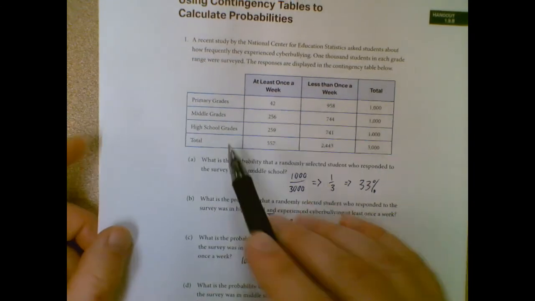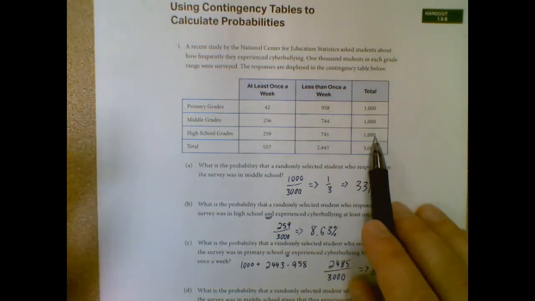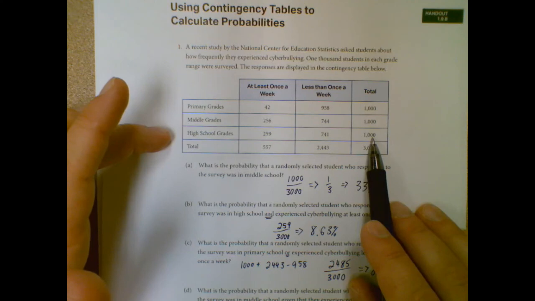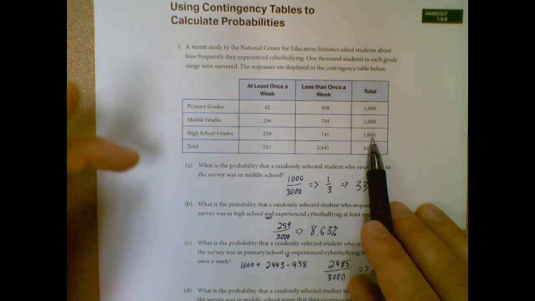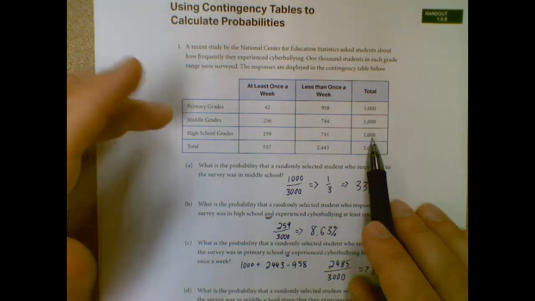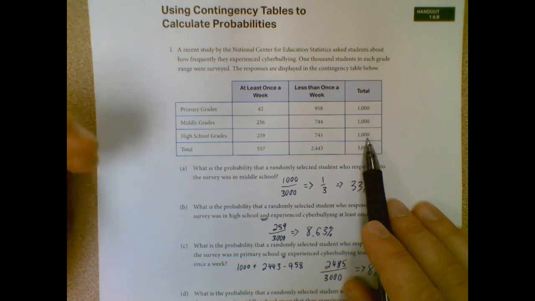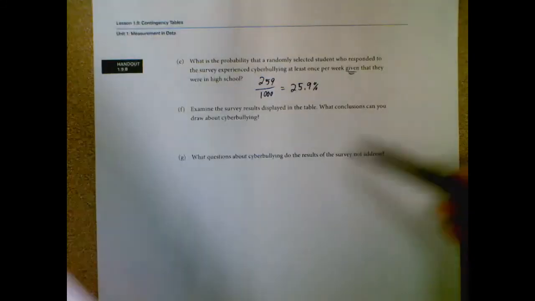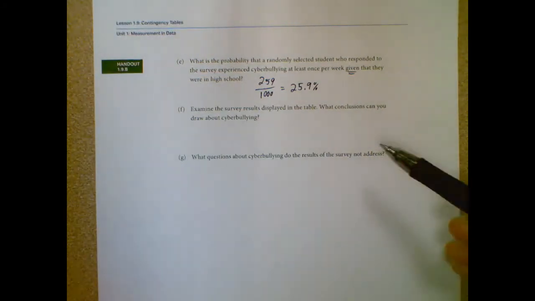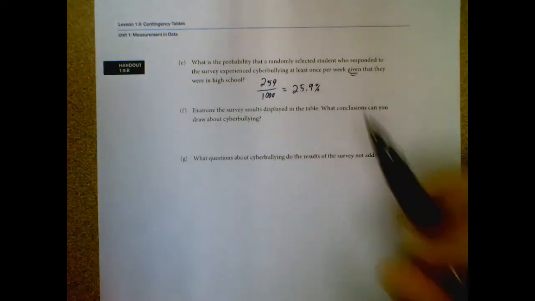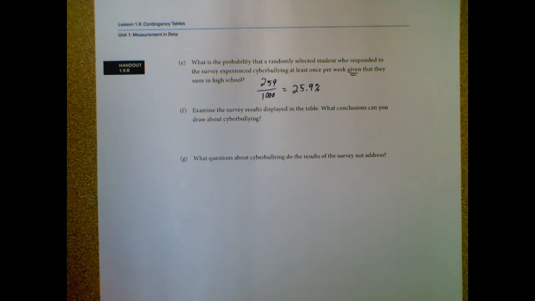Maybe for the high schoolers, it'd be more helpful if it was broken down by upperclassmen and underclassmen, or maybe primary grades should not be in there because they don't usually have phones. However you want to do that, what things do you think they did not address? What could they do a little bit differently? These are a little more open-ended, and you can write whatever you think is necessary there.